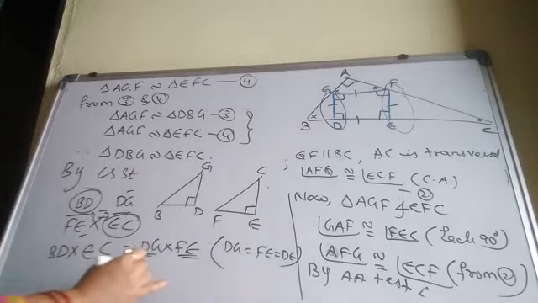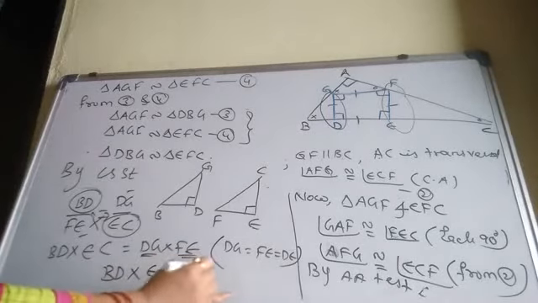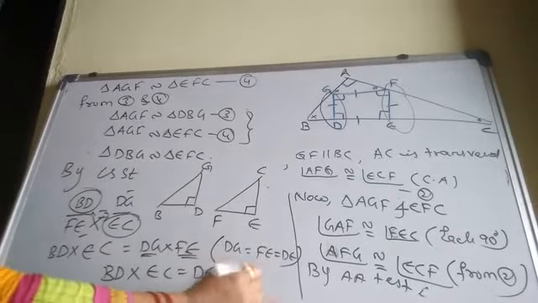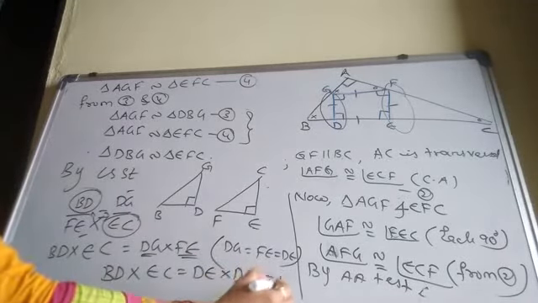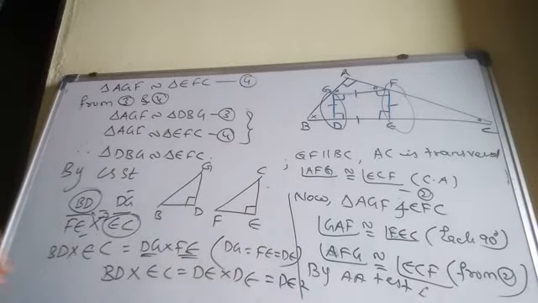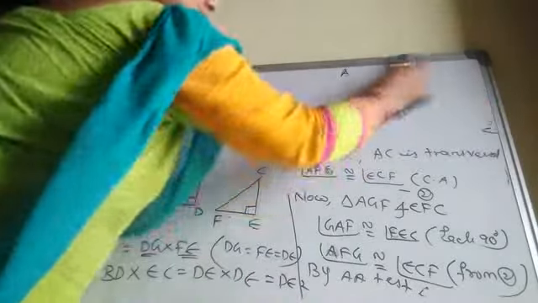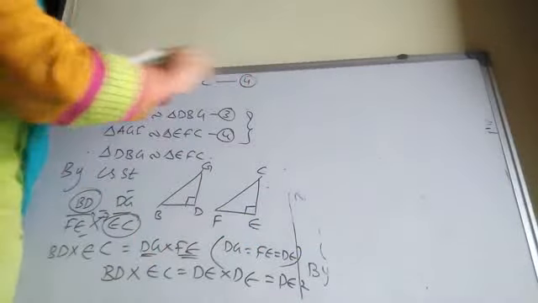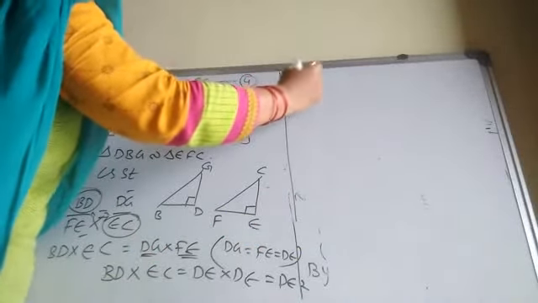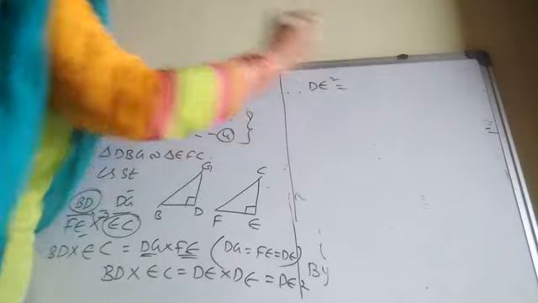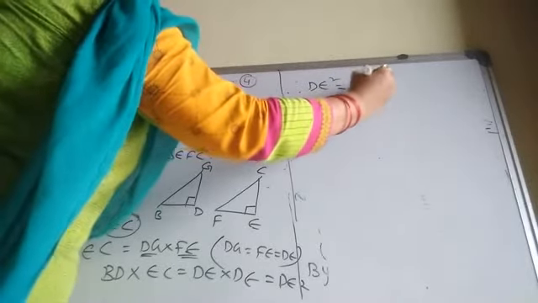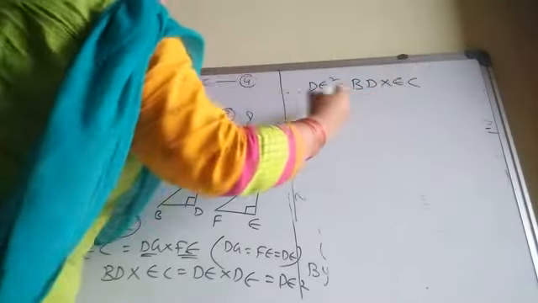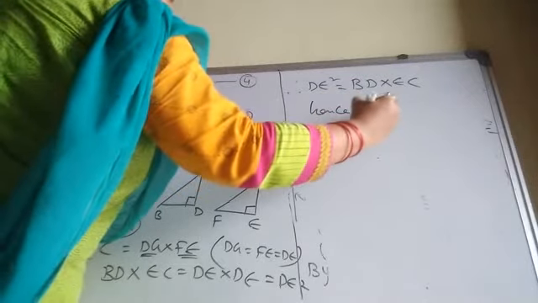BD into EC equal to DE into DE, which is DE square. Last step. Therefore, DE square equal to BD into EC. Hence, proved.